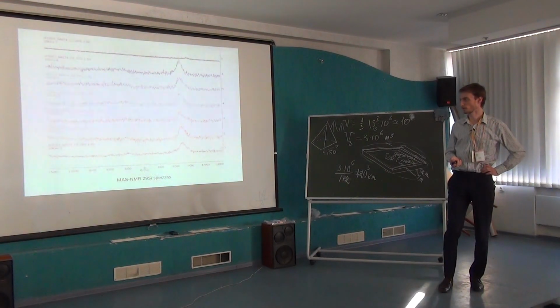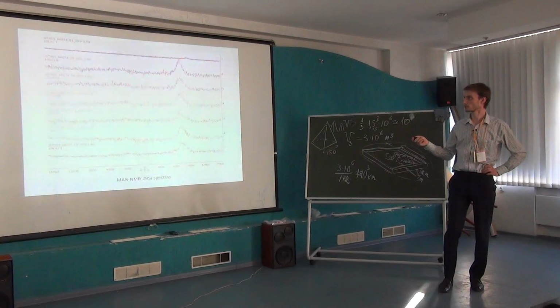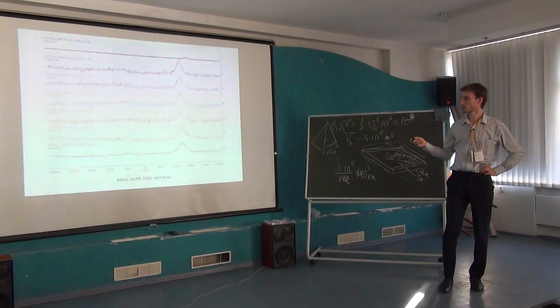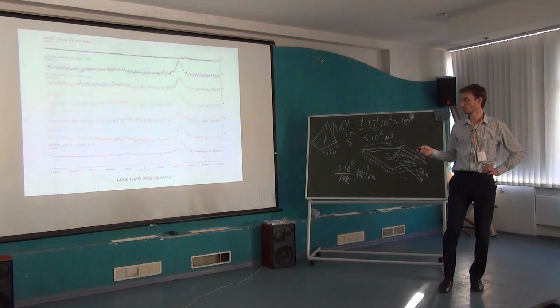It was measured without coupling, so we have a lot of noise here, but also very interesting, especially the spectra of the first sample differs from all others. It's also very interesting, and here we can see one line.